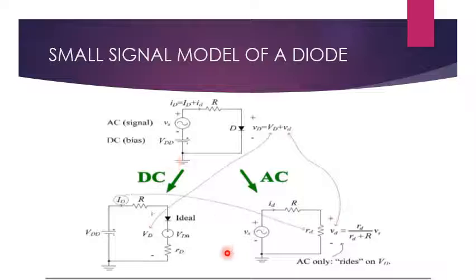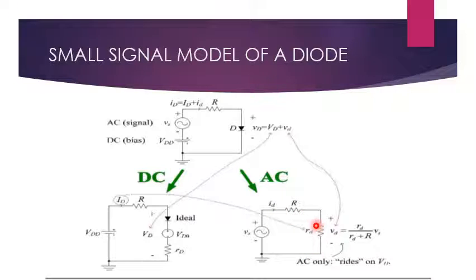Clear? Right. Now I'll tell you, see, when I have two resistors here, VD is the voltage across the diode only, because the diode we are replacing as an RD. For VD we are applying the voltage divider rule.